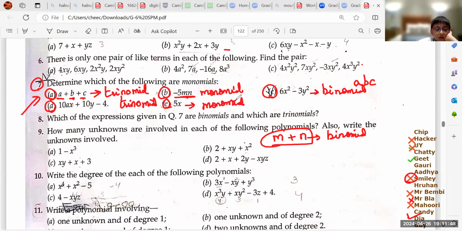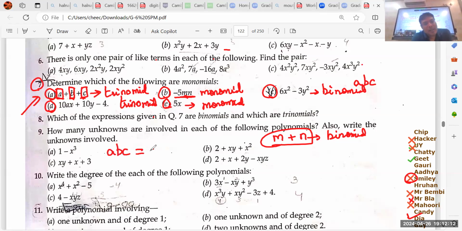Sir, for the B part, shouldn't it be binomial? Beta, in multiplication, however many you put together, it will be a monomial. Then A part should be a monomial. A part, beta, is one literal, one unlike term, second unlike term, third unlike term. Then we can write that as ABC? You cannot write them as ABC.